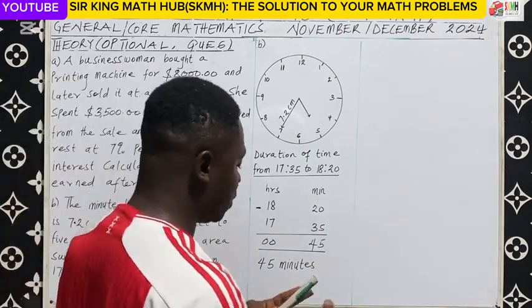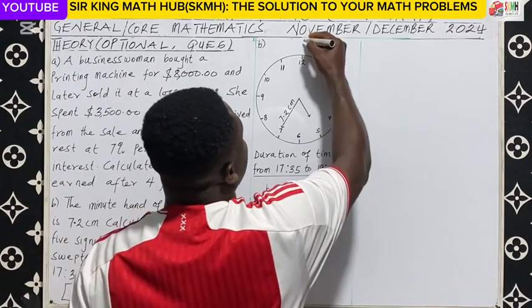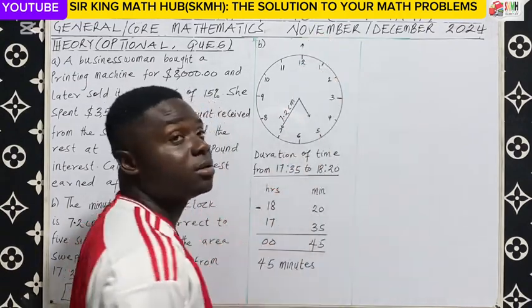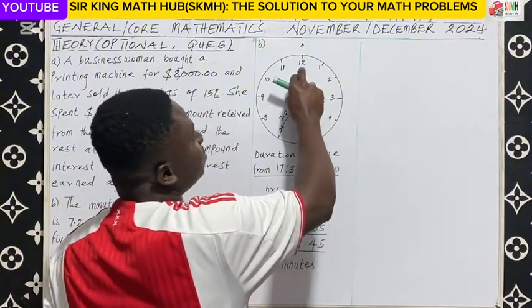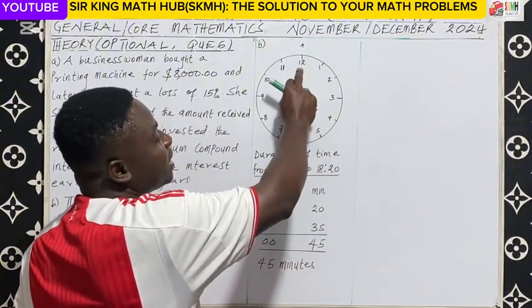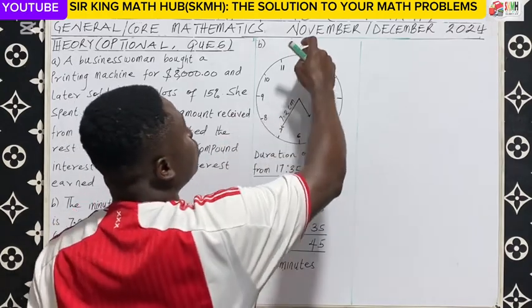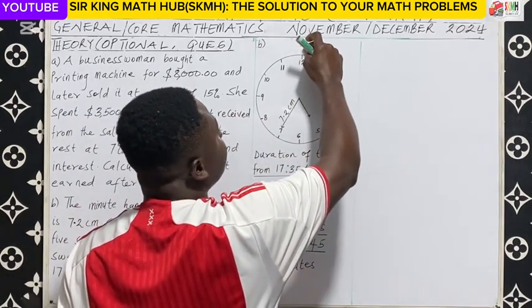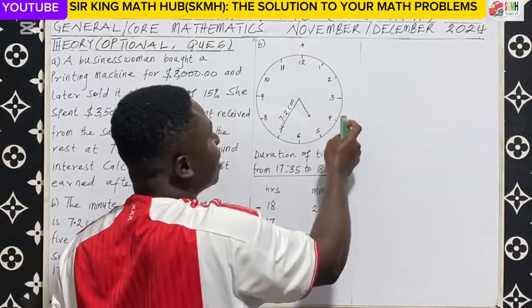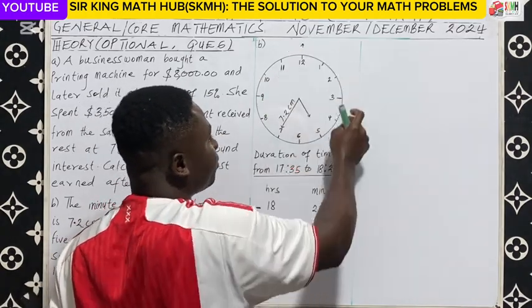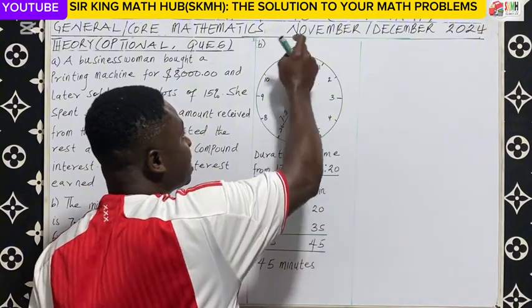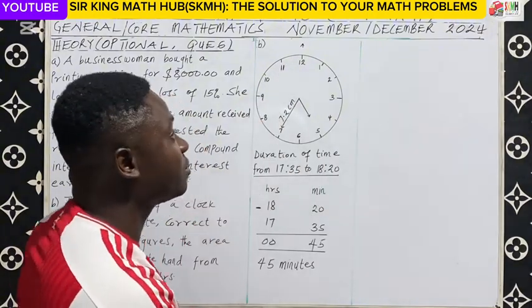On the wall clock, let's pick 12 as a starting point. Let's say we have the minute hand pointed at exactly 12. When the minute hand covers one complete rotation, that is when it moves from 12 in the clockwise direction back to 12, how many minutes will be covered?